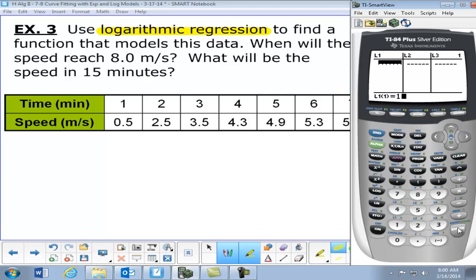So it is 1, 2, okay, I'm just going to double check my data, make sure I got it in correctly.